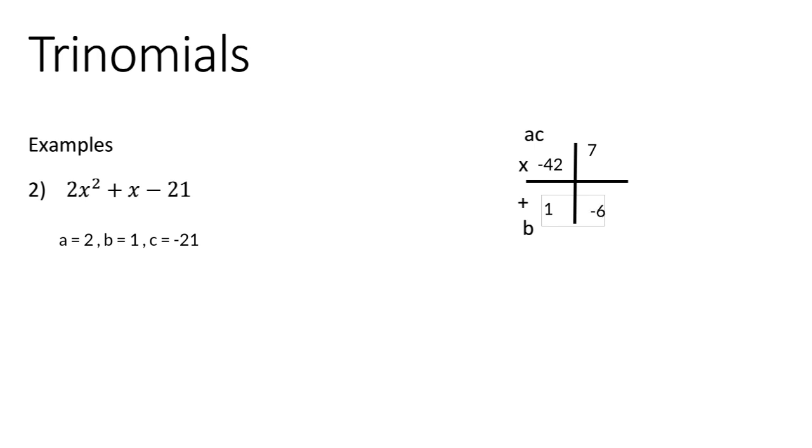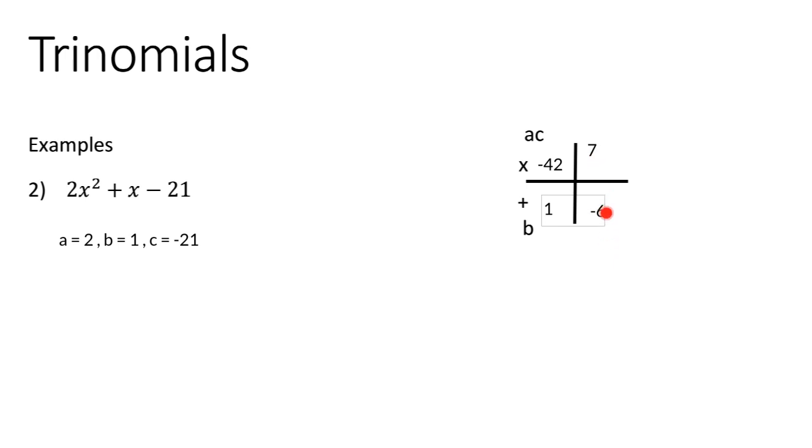So 7 and negative 6 go into the two remaining panes. It doesn't matter if you put the 7 there and the negative 6 there, or if you put the negative 6 there and the 7 there. The important thing is you get the right two numbers. Let's quickly double check. 7 times negative 6 is negative 42, and 7 take away 6 is 1.